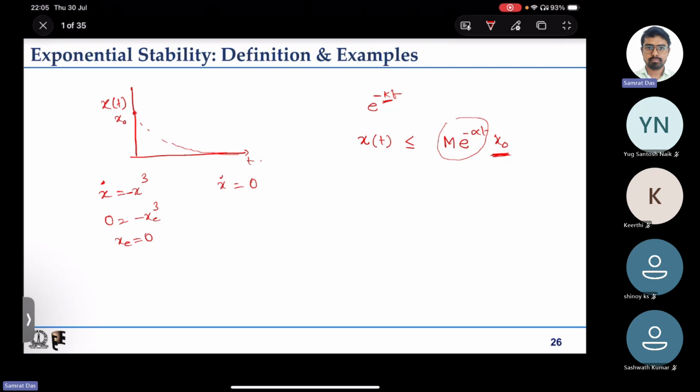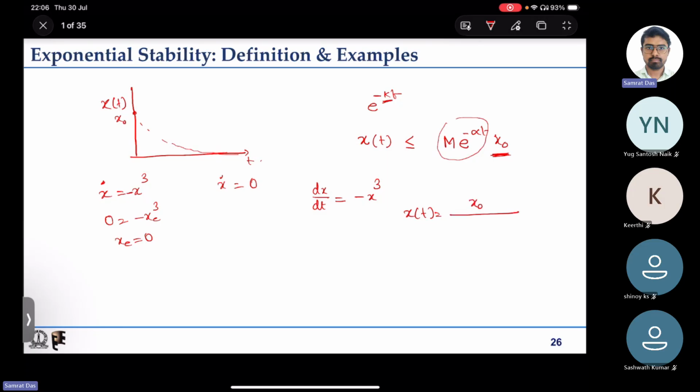Now if we actually solve that, dx/dt is equal to minus x cube. If we solve for this, the solution will eventually come to be something. I am just writing it from the solution that I have.